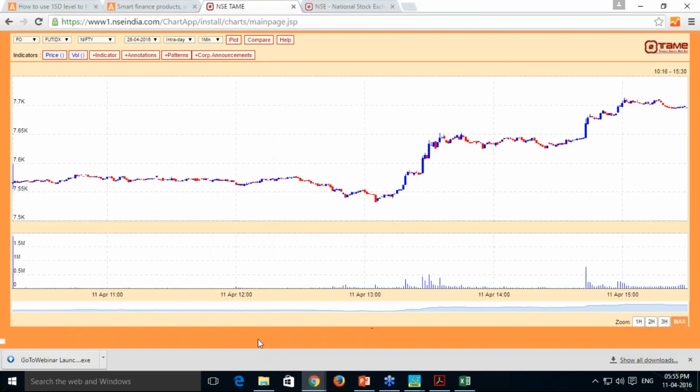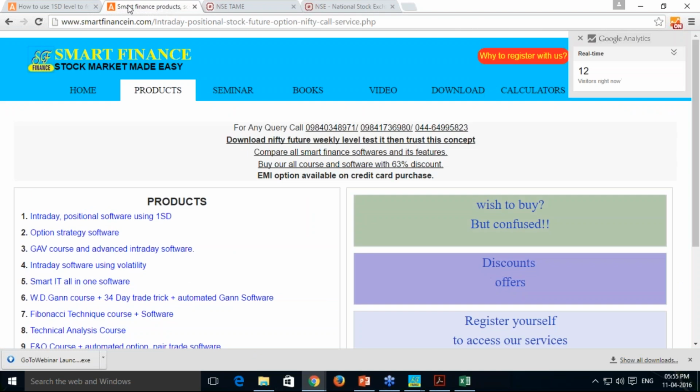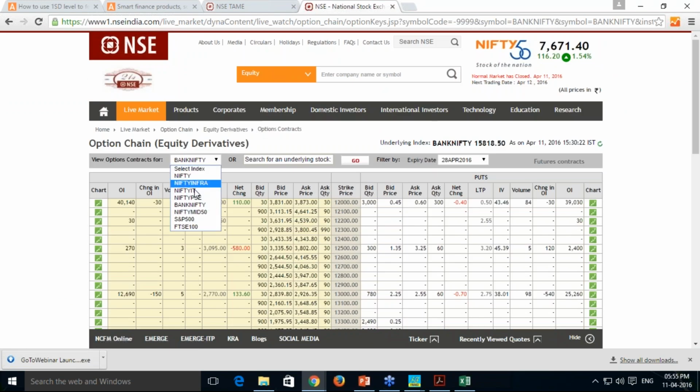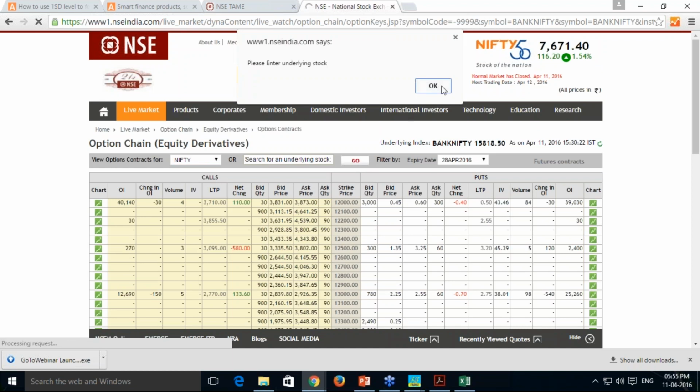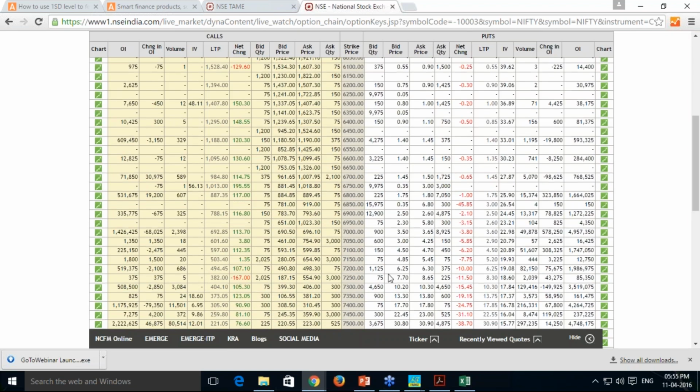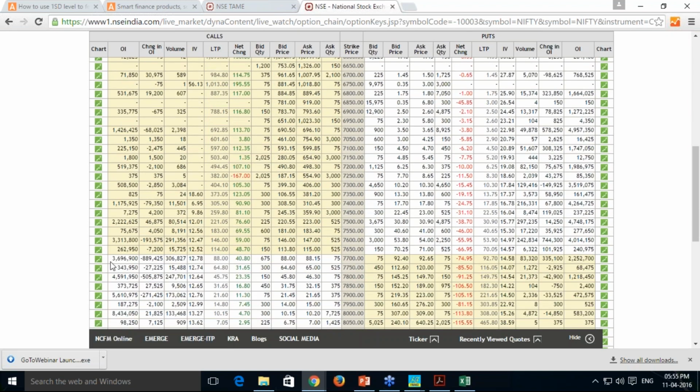So if I say this has happened, and based on this view I have taken this particular trade: the 7,700 call options at around 130 pricing. Now at 1:30, what was the price of this 7,700 call option quoting?